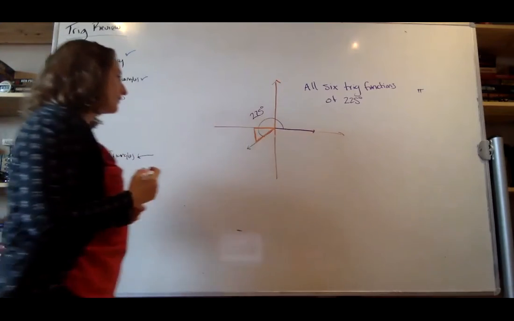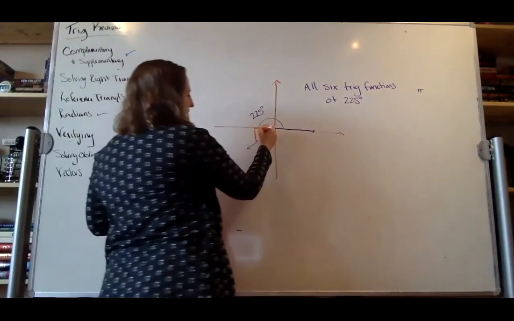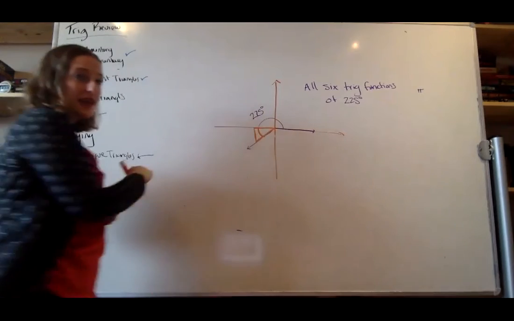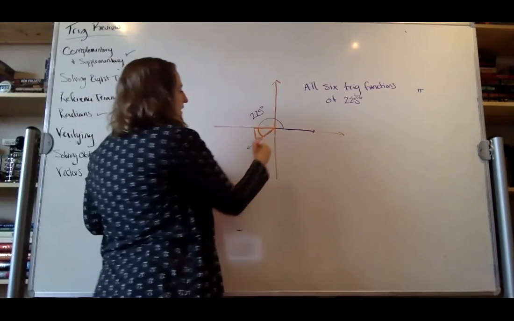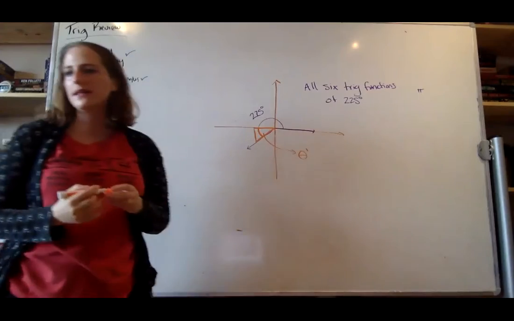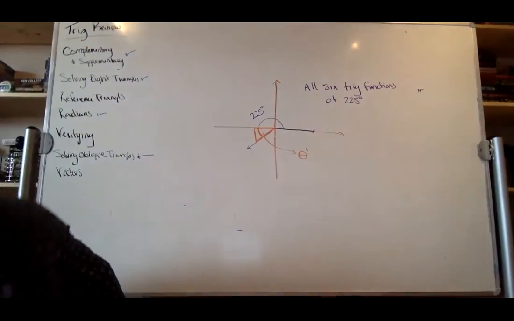Now, along with a reference triangle, we get a reference angle. A reference angle is the angle inside this triangle. We usually call it theta prime. How we calculate theta prime depends on where our reference triangle falls.